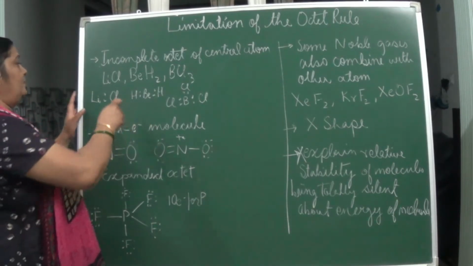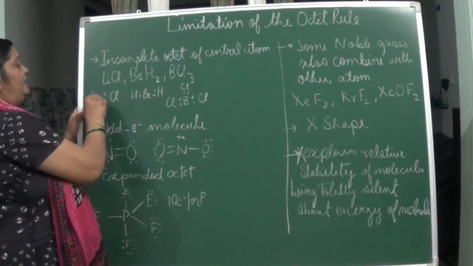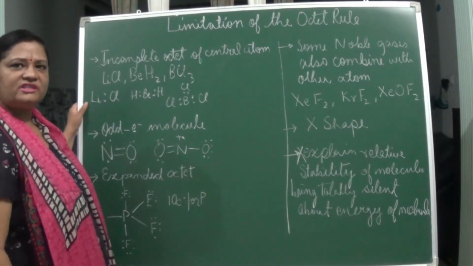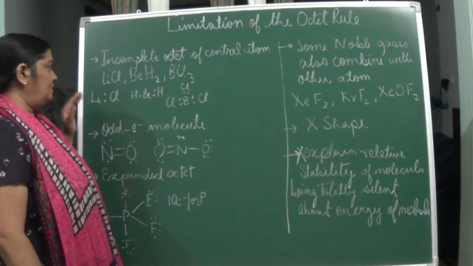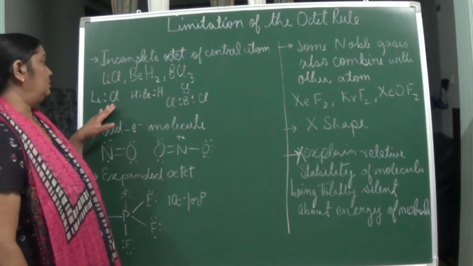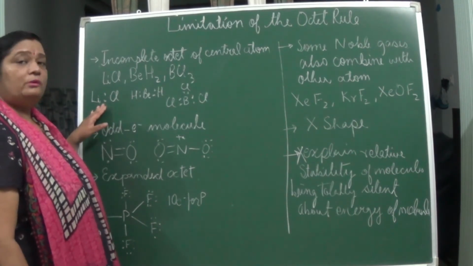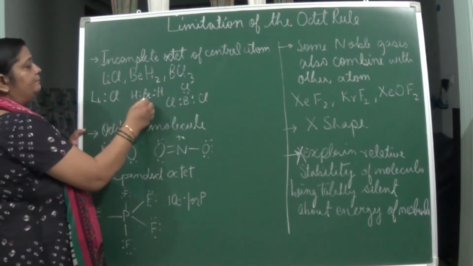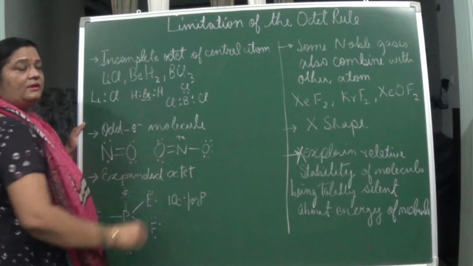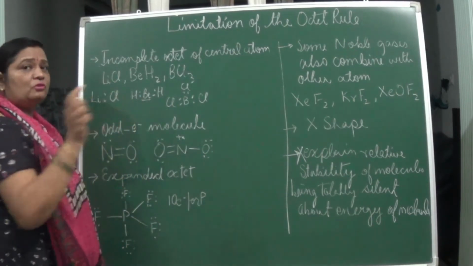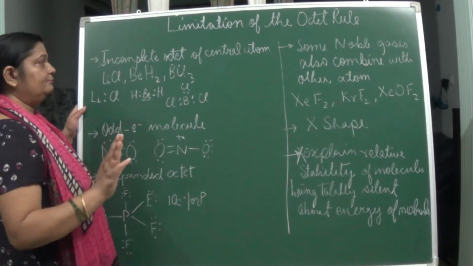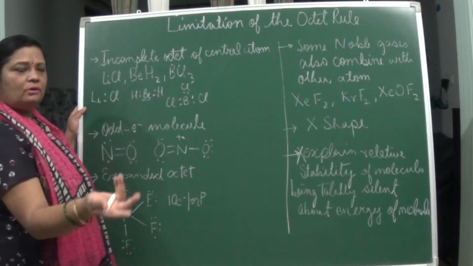See, here lithium has only 2 electrons in its outermost shell. So after forming the bond, does it follow the octet rule? No, isn't it? Here also you can see beryllium, the central atom, has 2 valence electrons. After sharing it has only 4, not 8. It means it does not follow the octet rule.